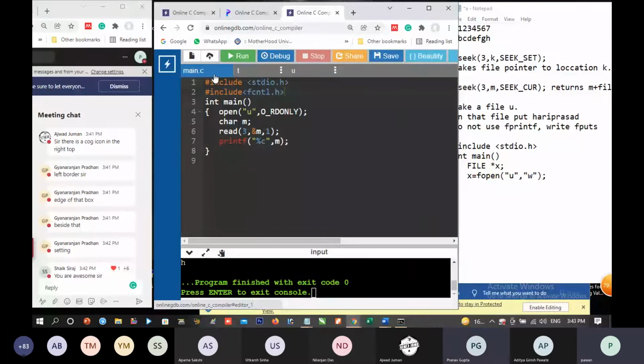Execute this program and see what happens. Execute this program and observe the output.